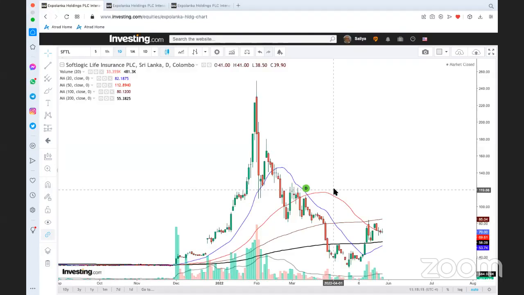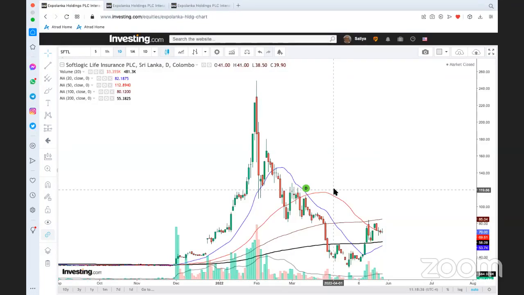The RSI and the MACD we use to initiate entry points or entry positions. That's why I said I will use some indicators and show you some strategies to initiate your entry positions.